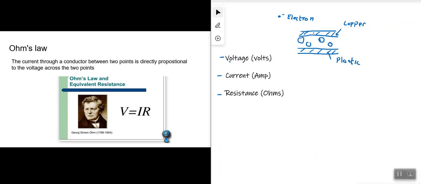So what happens with electricity is, imagine this is an electron, and it moves through the wire, and it doesn't just move directly through it in a straight line. It bounces off all of the copper atoms that are inside the copper wire. So it'll have a path that's something like this. It's going to bounce off each of these, and then it's going to go out the other side.